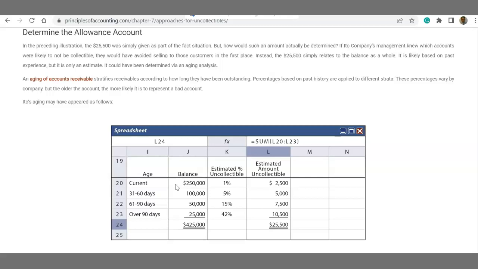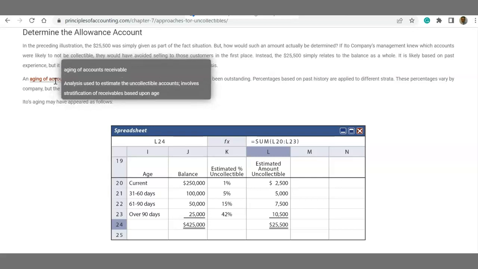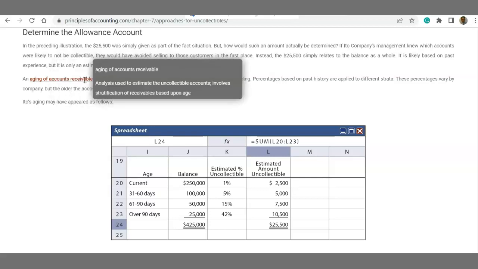But if you use percentage of accounts receivable or even a step further, percentage of aging of accounts receivable, then you are looking at a small accounts receivable balance, and you are estimating based on that.